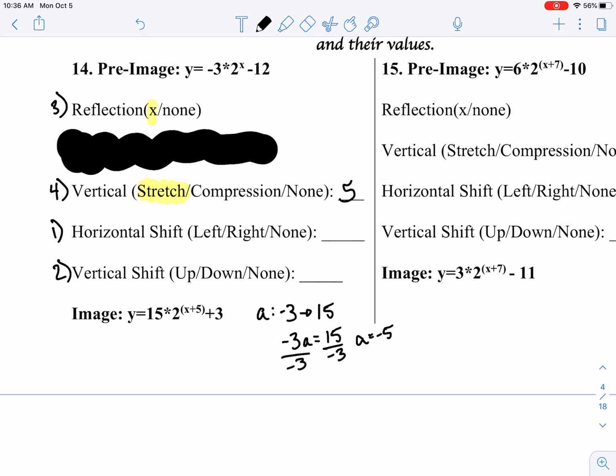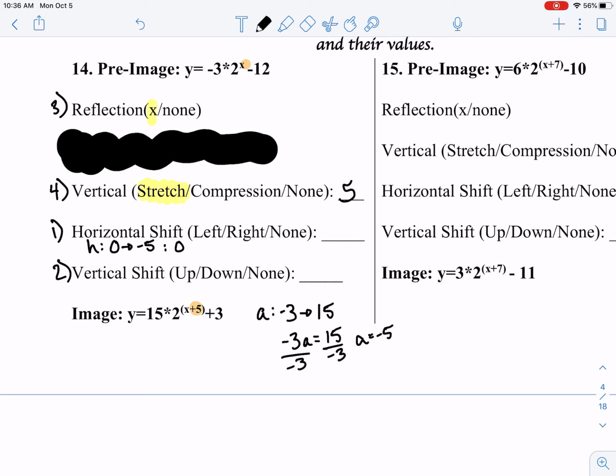Horizontal shifts? Deal with my H values. So H starts at 0. It becomes -5.